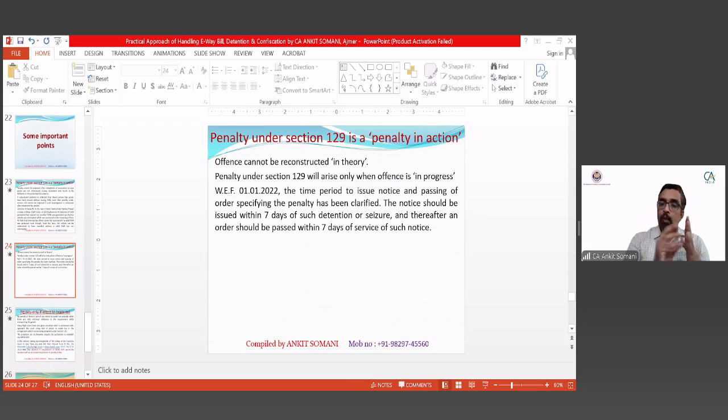This was a case whereby the conveyance was halted because of the non-motorable condition. The goods were seized without there being any allegations of evasion of tax. So again, the judgment was passed in favor of the assessee that no penalty under section 129 can be levied, because there was no mala fide intention per se.